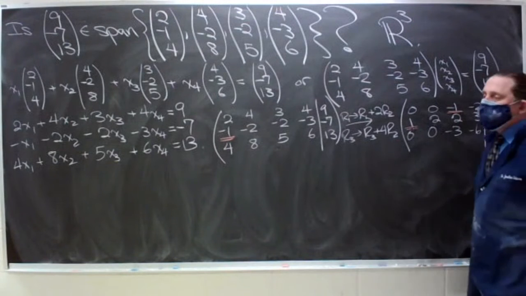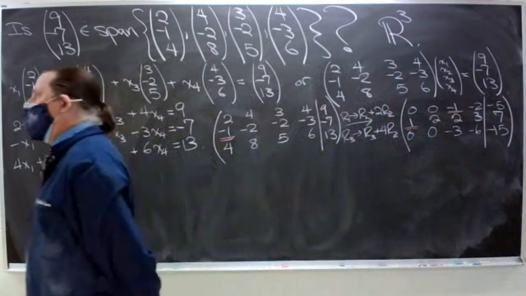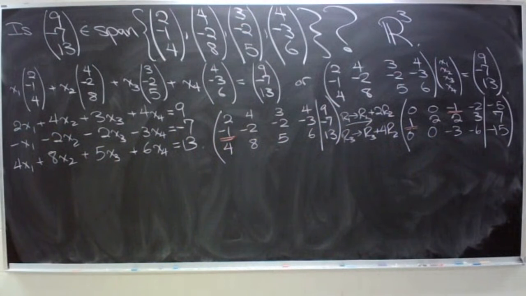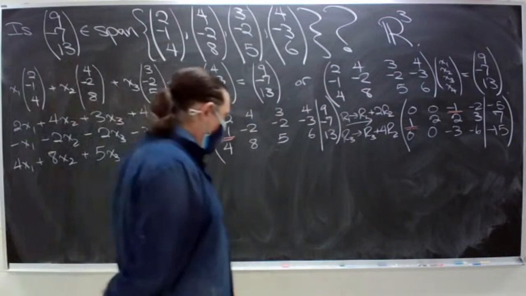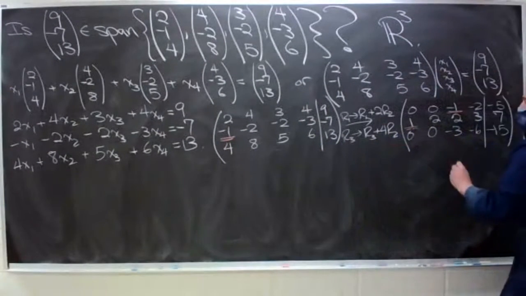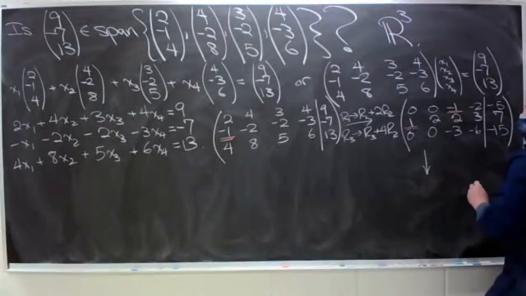I can elevate the -1 in the third column to pivot status. And if I do that, I can clear its column.